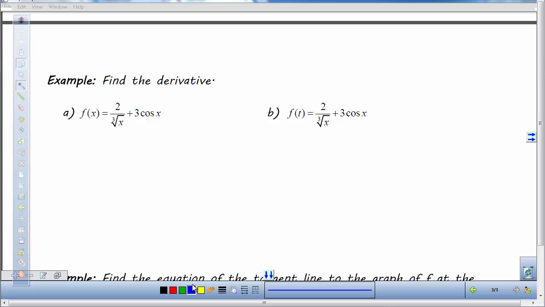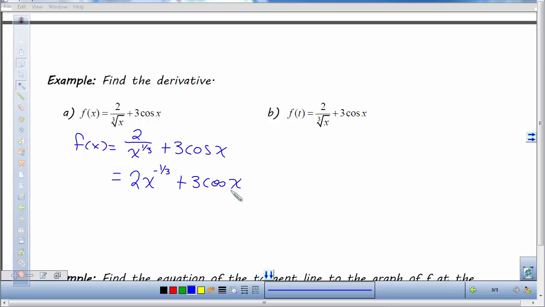So first I'm going to rewrite this as f of x equals 2 over x to the 1/3 plus 3 cosine x. And then I'm going to write it again as 2x to the negative 1/3 plus 3 cosine x. I've not taken the derivative yet, just rewrote it so that I can take the derivative.